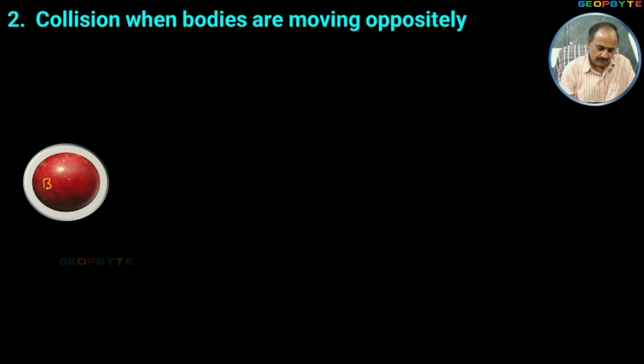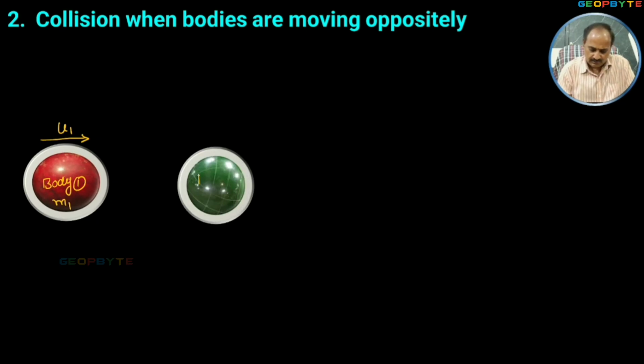This is body 1 of mass m1 traveling in this particular direction with a velocity u1. Second, body 2 of mass m2 is traveling opposite to m1 with a velocity u2.